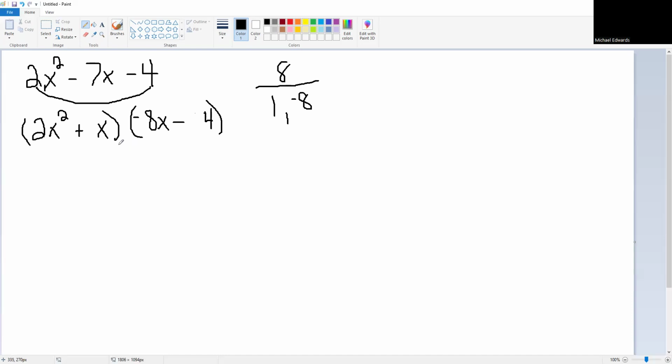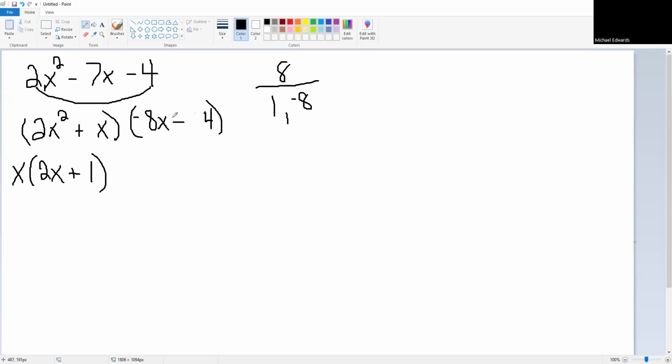So let's pull out the greatest common factor of each one of these. This one would just be x. So x here, and we're left with 2x plus 1. This one should be 4. Should it be negative 4?